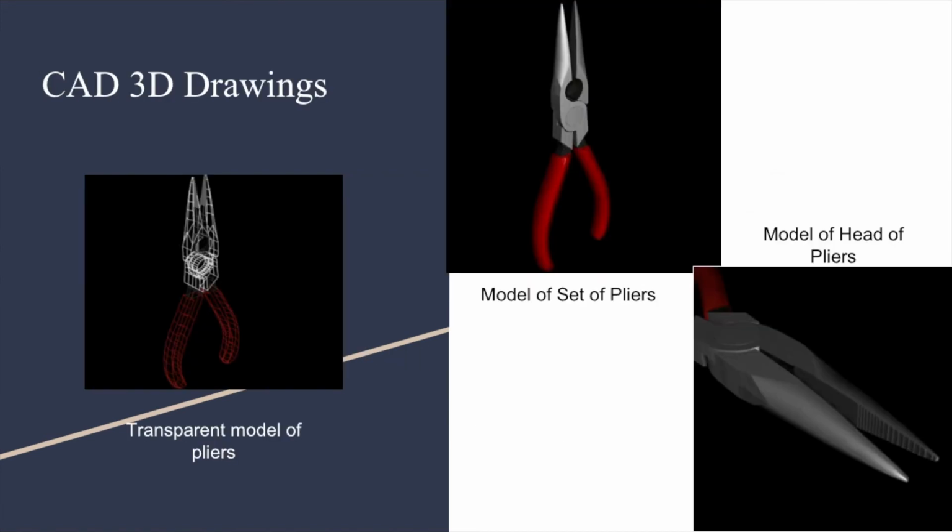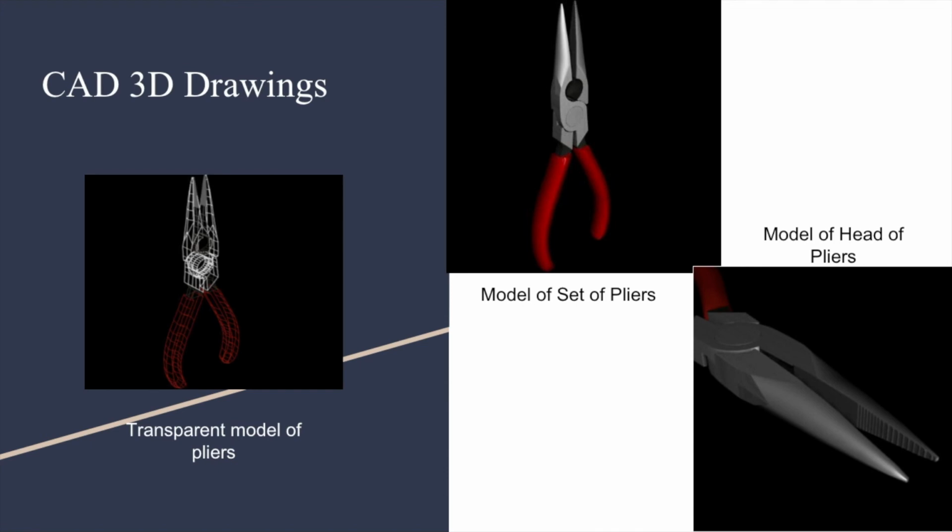And lastly, I include some CAD 3D drawings for the purpose of building a model that represents each of the parts of the device in more depth. In the first one, you can see that the model is completely transparent and every individual part of the pliers can be seen. All the little lines are the individual parts.